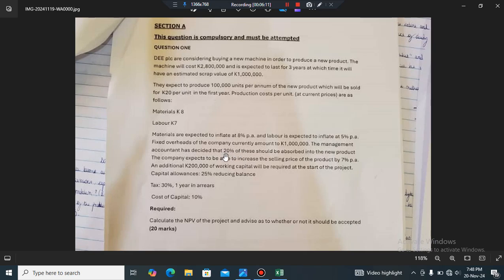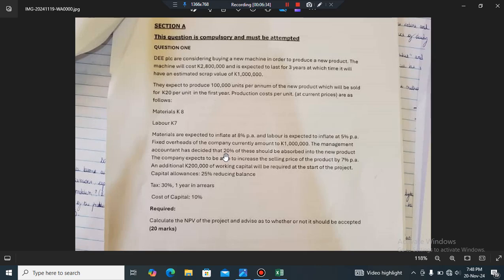These absorbed overheads, the problem that we have is that in the notes, maybe you've learned, but for me, in the books, I think there's no express statement saying absorbed overheads should not be included or should be included as part of the expenses. But I'm going to use the knowledge I have from advanced management accounting.